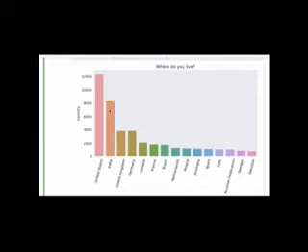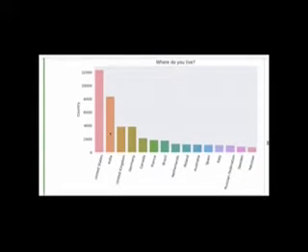Maybe a large 12,000 plus 8,000 plus 4,000, so that's about 24,000 out of 65,000. So that's more than 1/3, more than 40% of the responses that have come from these 3 or 4 countries. And if you think about this a little bit, it makes sense, because one, this survey was only conducted in English, so programmers from non-English speaking countries probably did not get to hear of it.